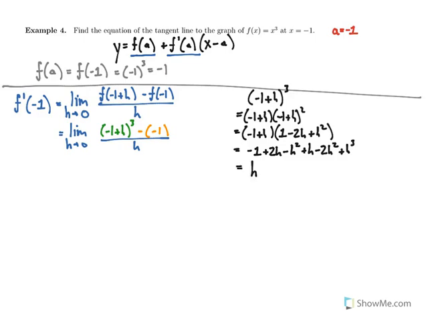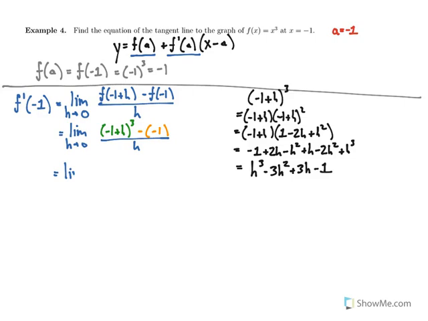Rearranging the terms, this is h cubed minus 3h squared plus 3h minus 1. And if you use the formula for cubic expansion, you should have gotten that same thing.